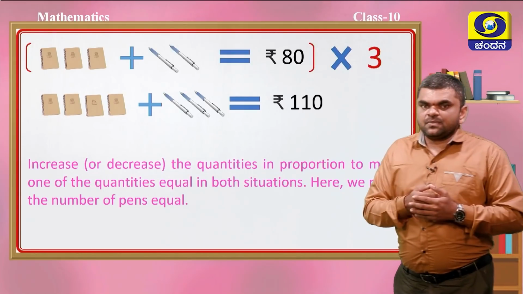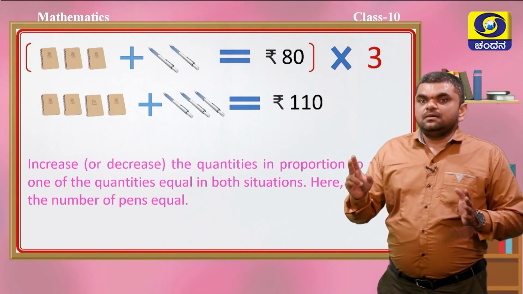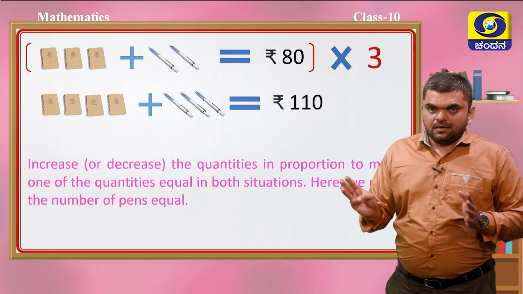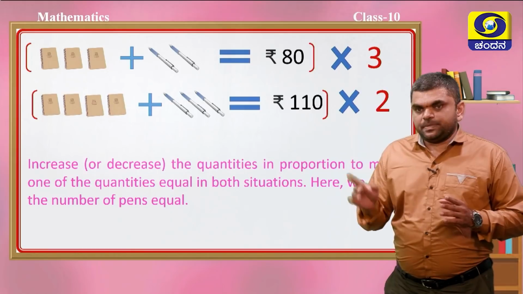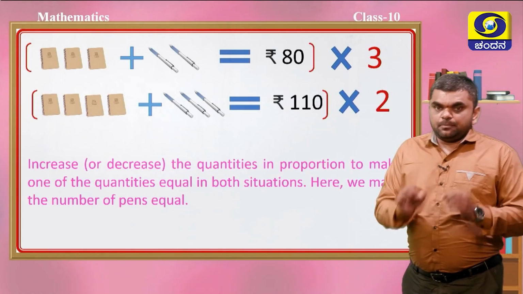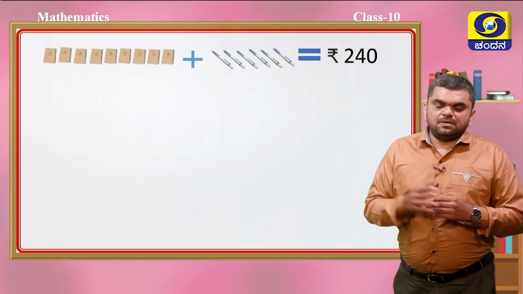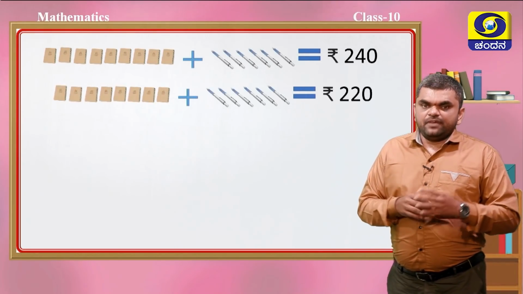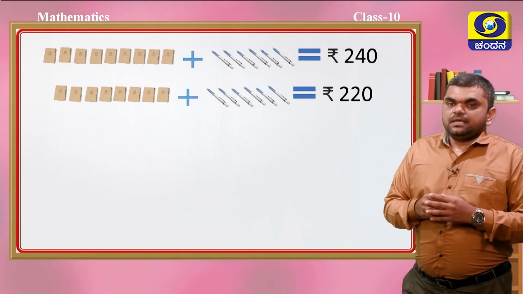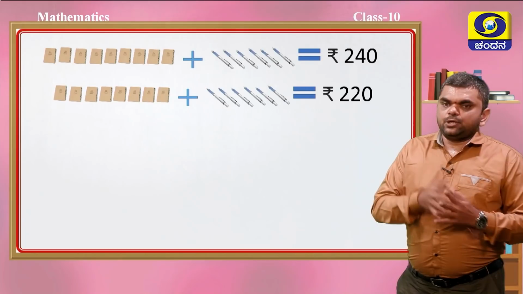Observe here, we are multiplying 3 books, 2 pens and 80 rupees by 3, whereas 4 books, 3 pens and 110 rupees by 2, so that we can make pens equal. Look here, 9 notebooks and 6 pens cost 240 rupees, whereas 8 notebooks and 6 pens cost 220 rupees.